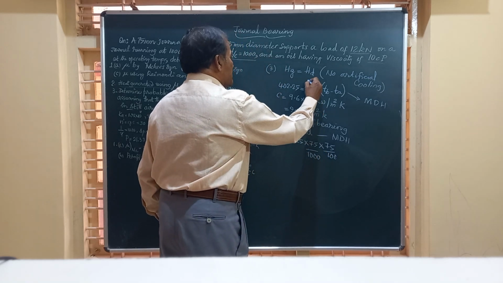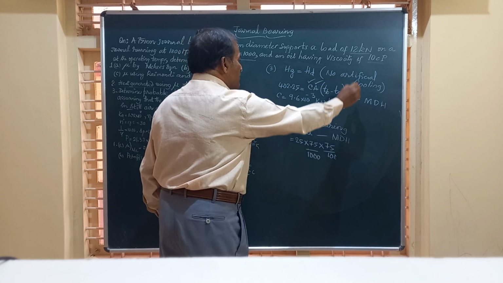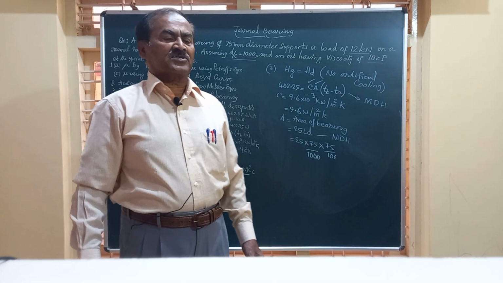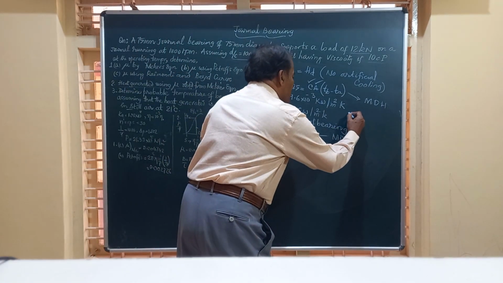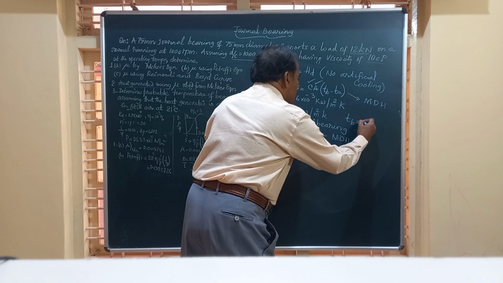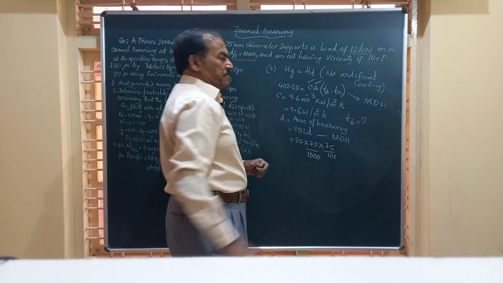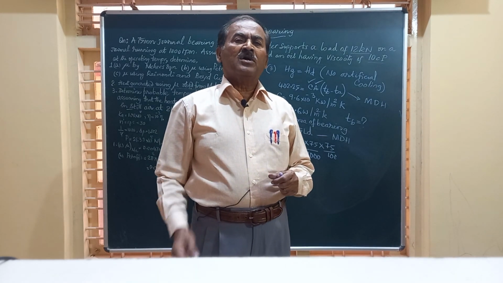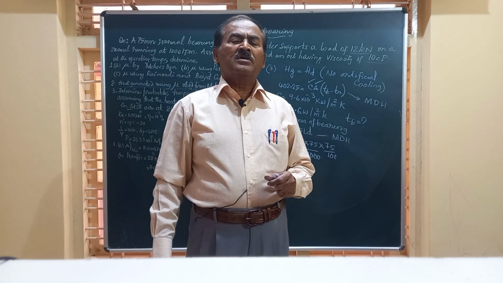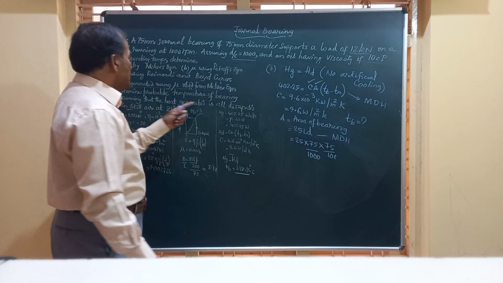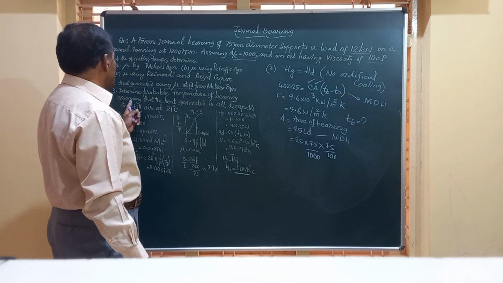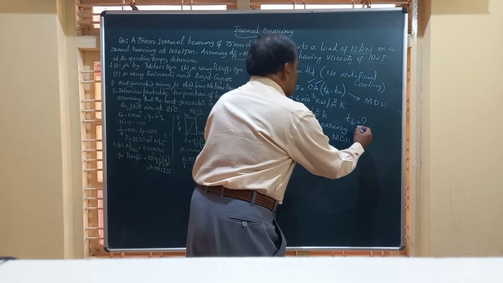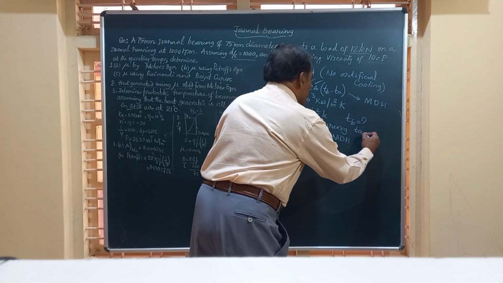So A you know, C you know, Tb is the temperature of the bearing surface, which is to be found out. Ta stands for the ambient temperature, or room temperature, and the value given in the question is 21 degrees Celsius. So Ta is equal to 21.